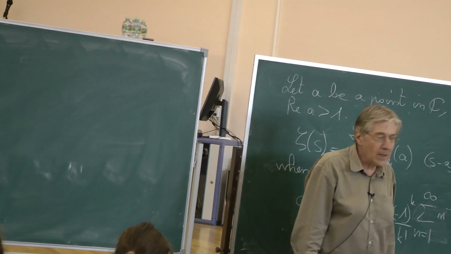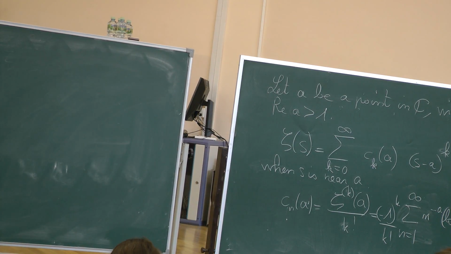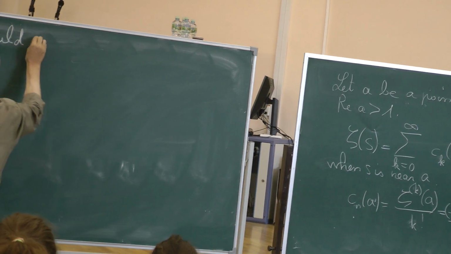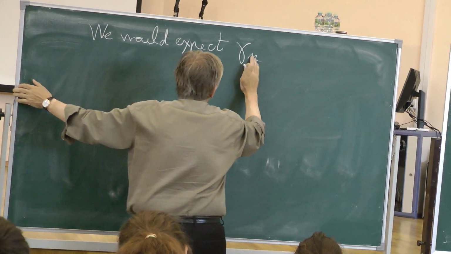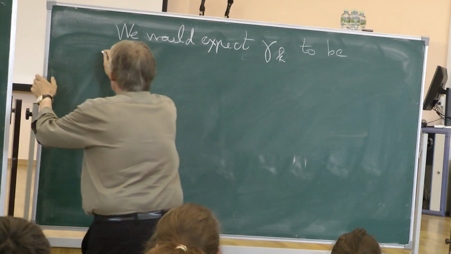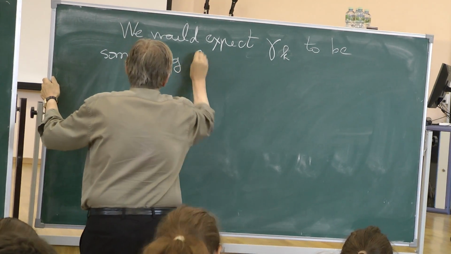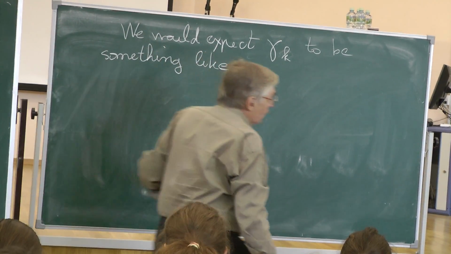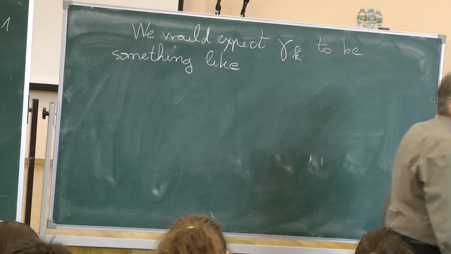So we would expect the number gamma k to be something like, in fact, the formula which I have here, where I take a equal 1.